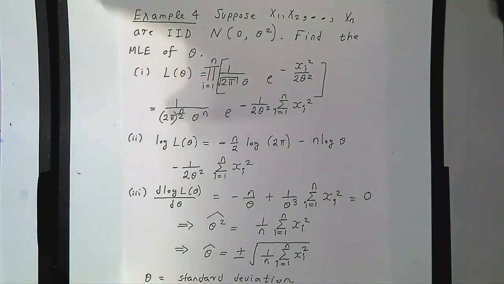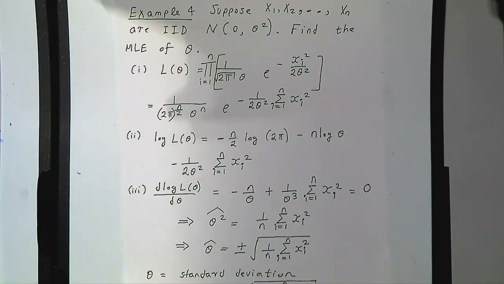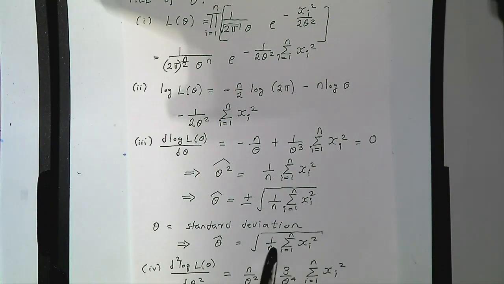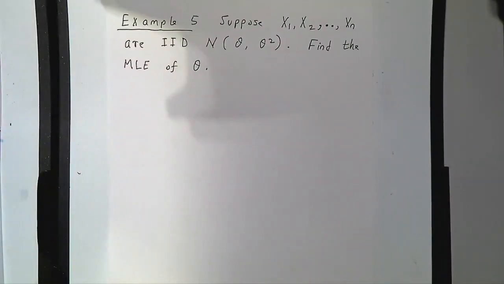Example 4, here you have data from a normal distribution with zero mean and variance theta squared. And in this case, the estimate for theta turns out to be the square root of 1 over n times the sum of xi squared. And example 5.